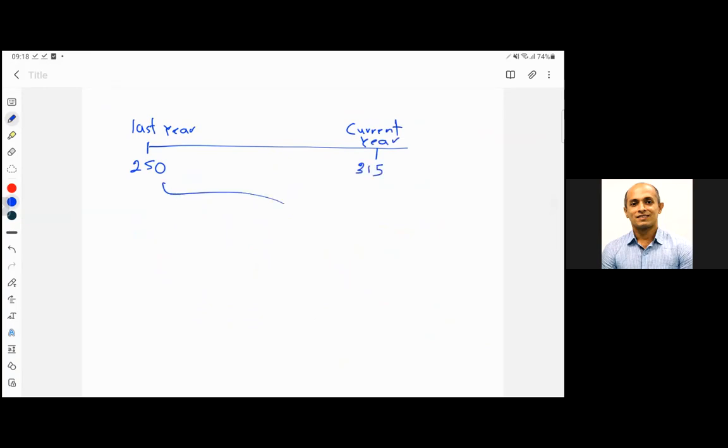Then you see the price level increased by 65 from the last year level of 250. So roughly the price level has gone up by, now here you get 26%. You don't need to take the exact 26%.